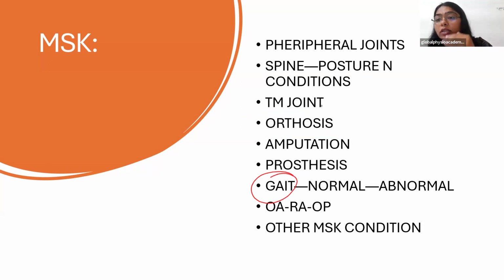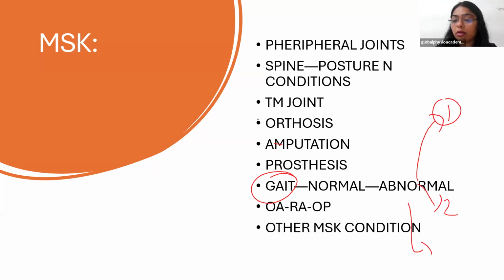But gait, what is a normal gait? Abnormal gait. Now, abnormal gait has 3 types. Actually, 4 types. Abnormal gait due to the MSK condition. MSK condition means hip abductor weakness. They have a Trendelenburg gait, lurching gait.